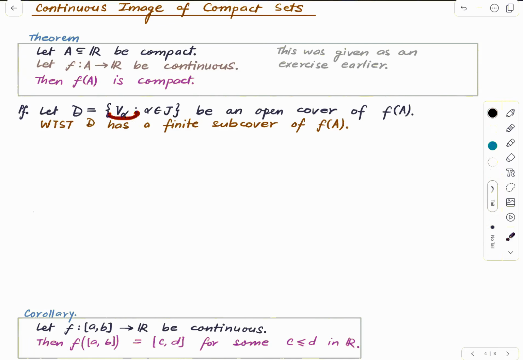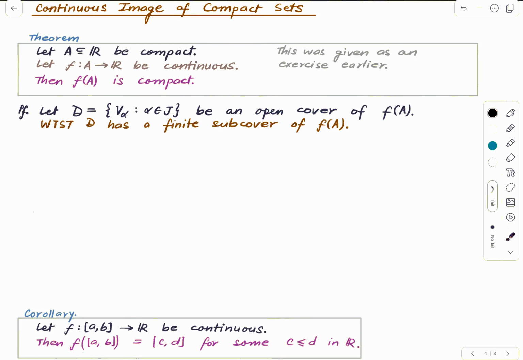You start with an open cover and show that it has a finite subcover. Meaning you show that there are finitely many indices in J such that the corresponding V alphas contain f of A. Also recall, by open cover we mean a collection of open sets whose union contains the given set. Just recalling the definition of compactness.